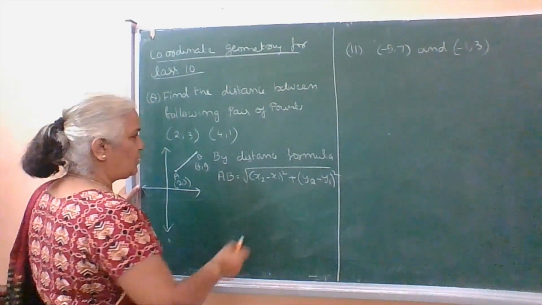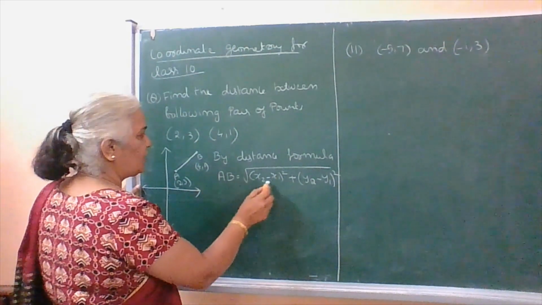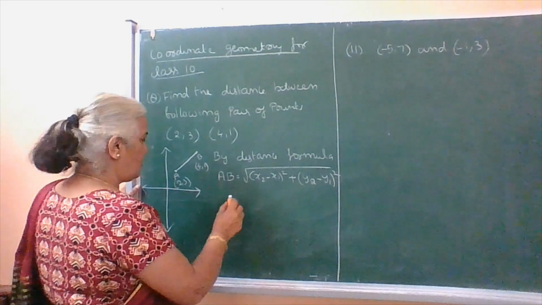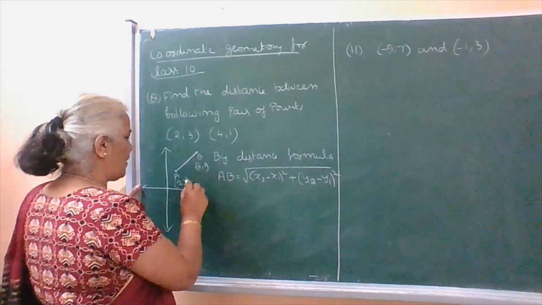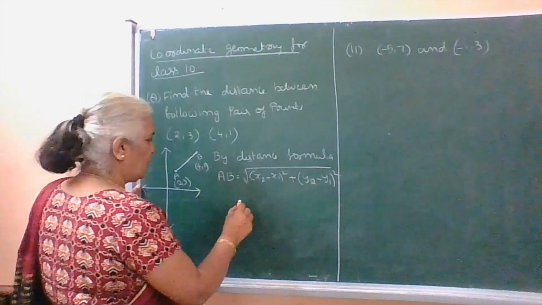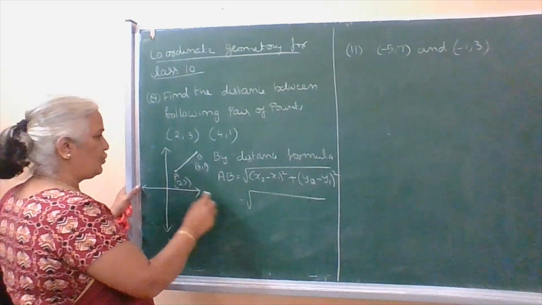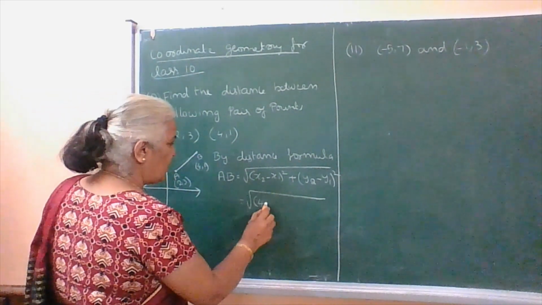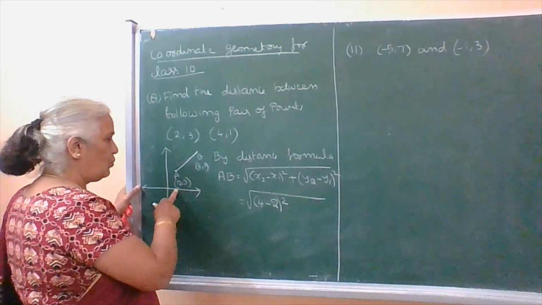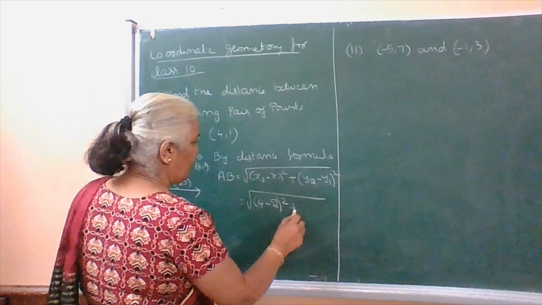Therefore, by distance formula, distance AB is equal to square root of x2 minus x1 whole square plus y2 minus y1 whole square. Now, this is x2, that is square root of 4 minus 2 whole square and 1 minus 3 whole square.